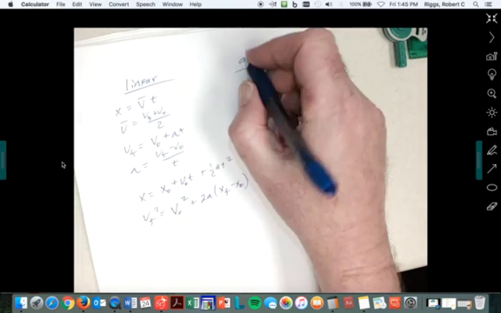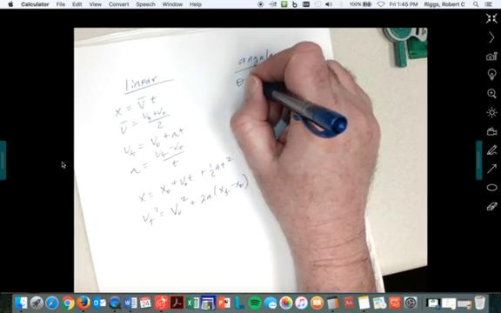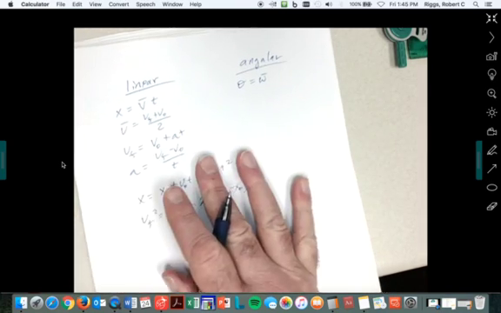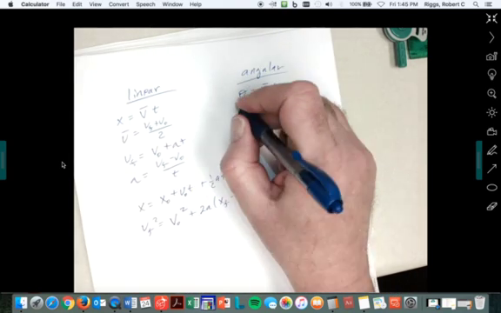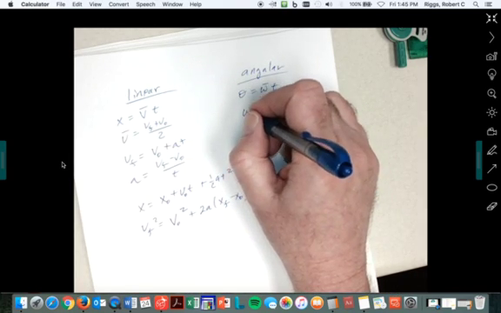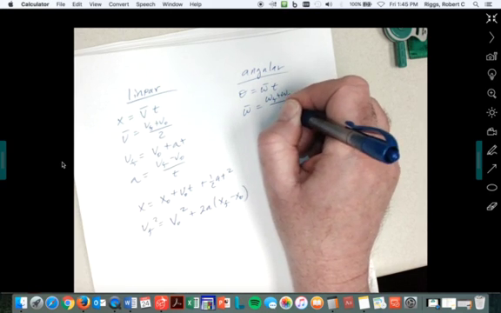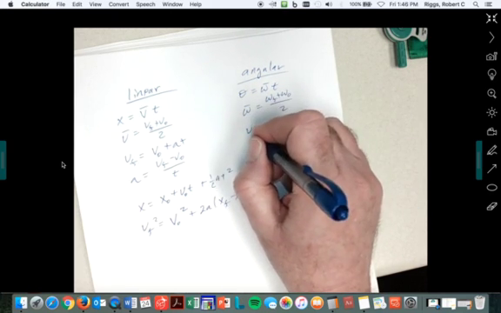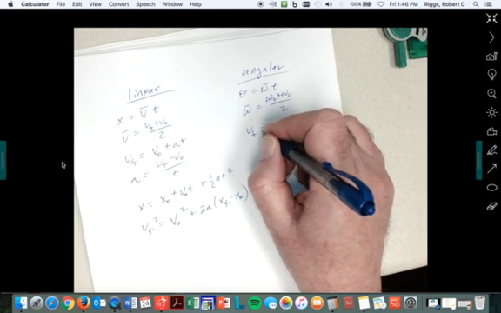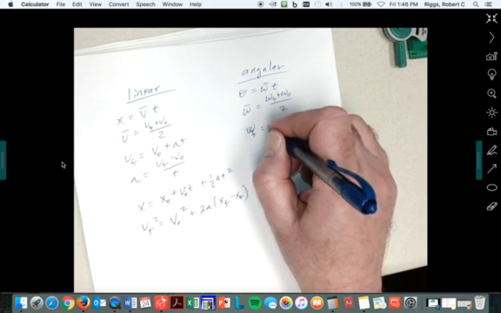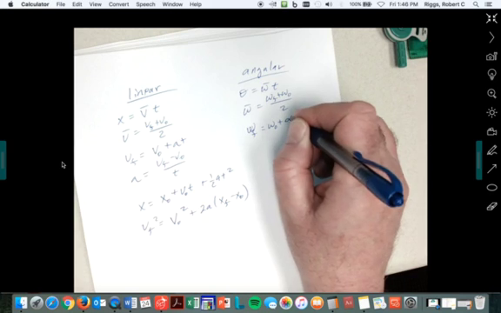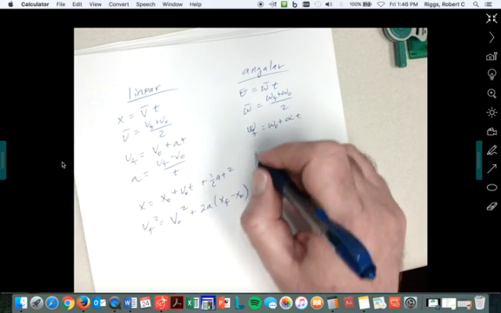Same thing over here. Theta is equal to the average angular speed times the time. The average angular speed is equal to omega final plus omega initial divided by 2. Omega final is equal to omega naught plus alpha times t, or minus if it's slowing down.